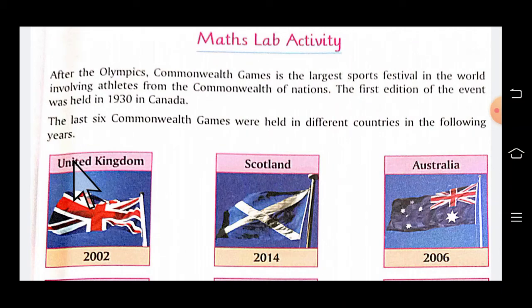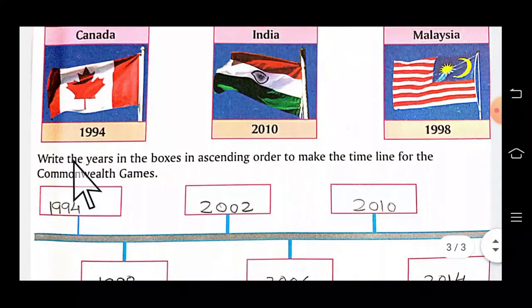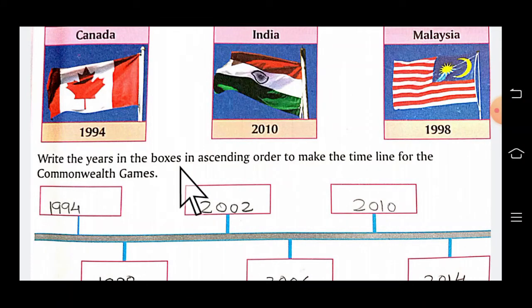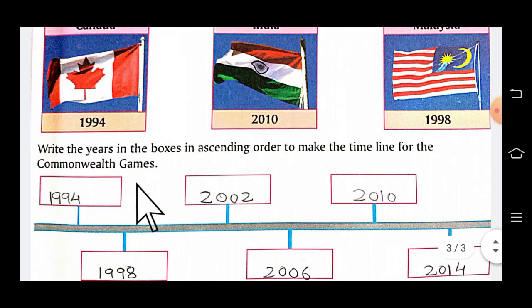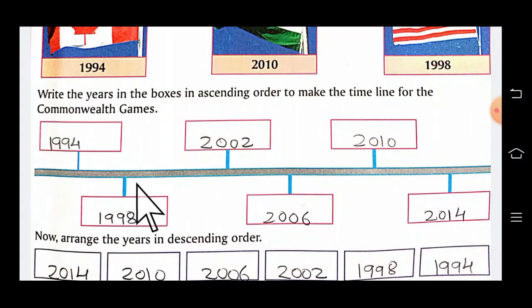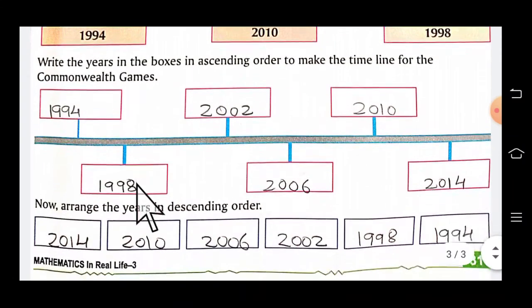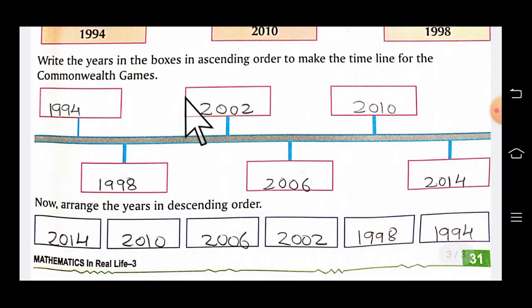1930 में जो कॉमनवेल्थ गेम हुआ था उसके बाद जो गेम्स हुए थे उसके बारे में नीचे जानकारी दी गई है. Now what we are doing, write the years in the boxes in ascending order to make the timeline for the Commonwealth Games. We do not write like this: first, second, third, then 4, 5, 6. No, first then second, then third, then fourth, then 5, then 6.